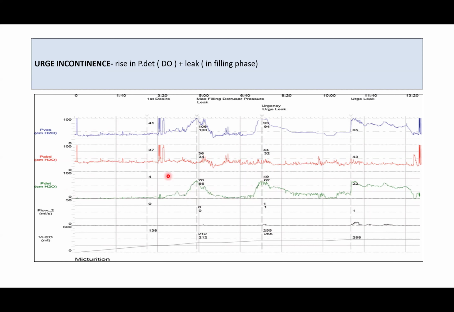Then check whether any leak is mentioned anywhere. Yes, leak is here. Urgency and urge leak is here. And leak is also mentioned here. So detrusor contraction, detrusor overactivity plus leak and rise in the vesical pressure. So this one will be the urge incontinence. Okay.